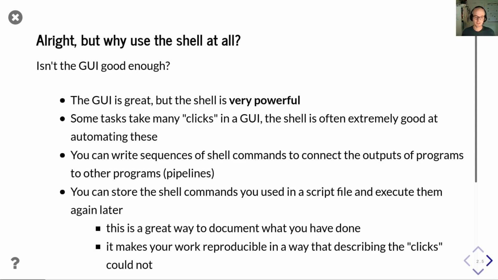And lastly, many of the tools that you'll be using, and also some of the services that you'll be interacting with, for example, remote supercomputers, expect you to have some familiarity with the command line and at least be able to do basic things like the ones that I'm going to show you today.